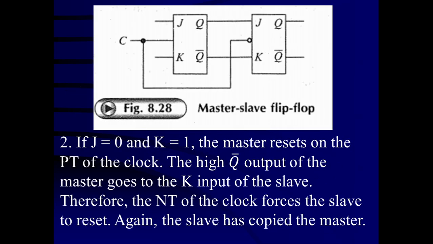So, master and slave are connected like this. You can see in figure 8.28 there are two JK flip-flops. The inputs are J and K, and this is the clock input.